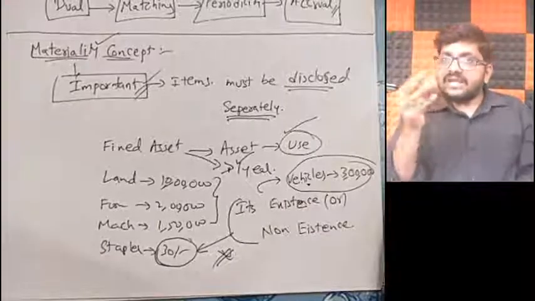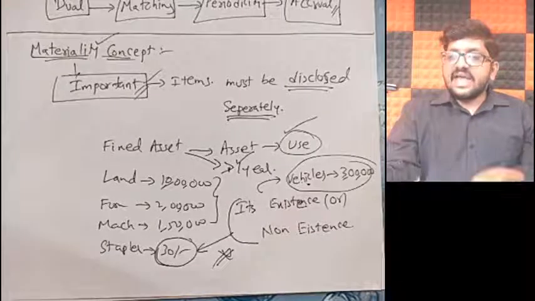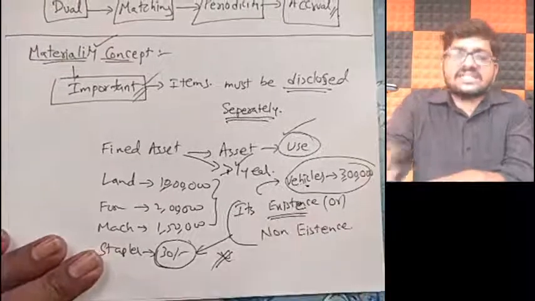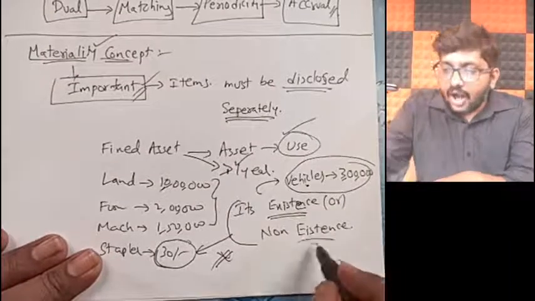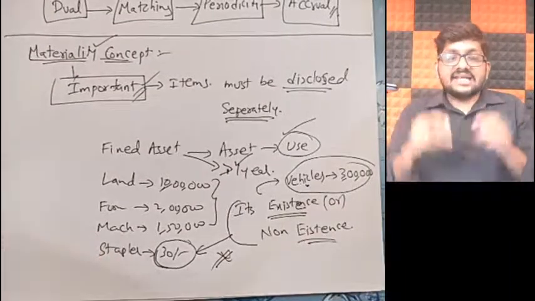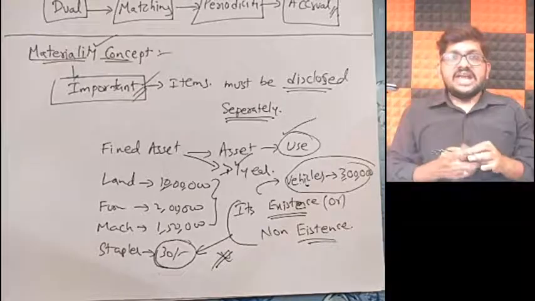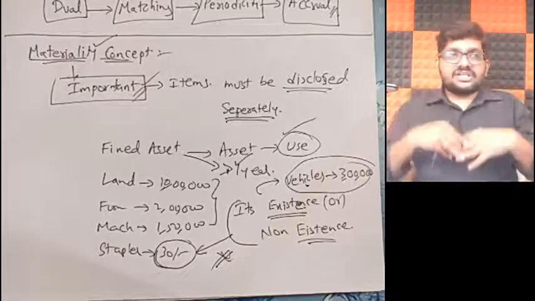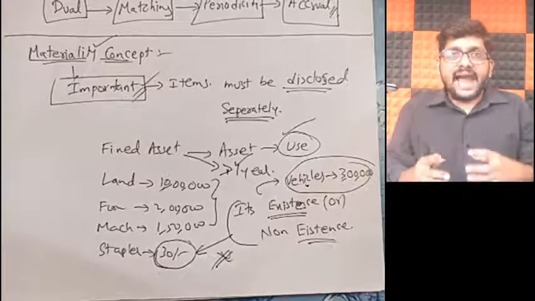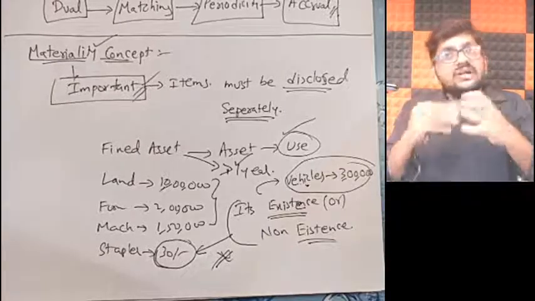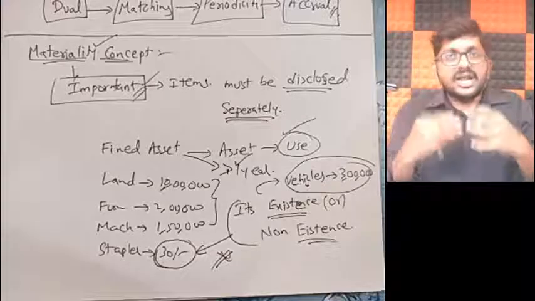So, whether it is material or not, how do we actually decide? If you show it or if you do not show it, in both cases that item will create an impact on your financial statements. It will create an impact on the decision making, such that the total numbers will differ a lot.